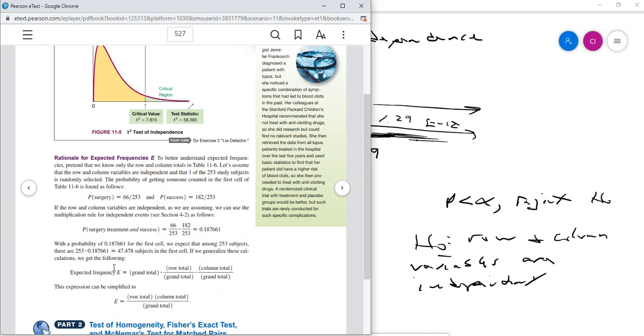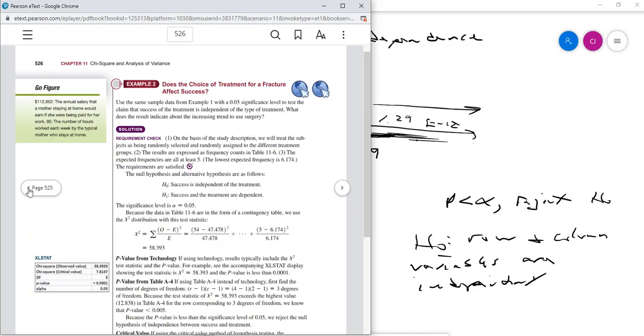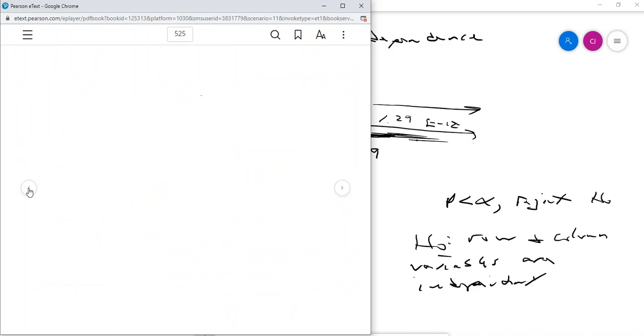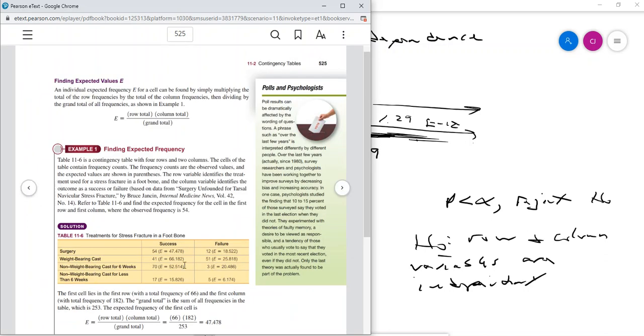Now, with the probability for the first cell, we expect that among 253 subjects, there are 253 times 0.187, which is 47.78 subjects, right? So let's see what we had. 47. So 18%, 47.4. And that's what he's trying to show here. Again, we're saying that they're independent. That's what these numbers are all saying. Okay.